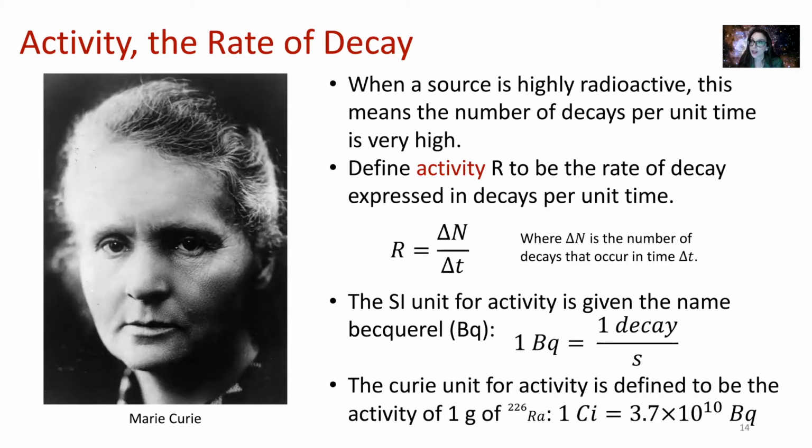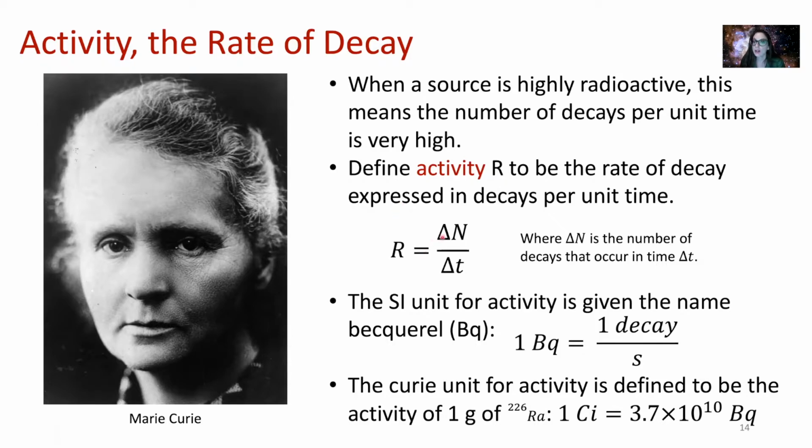When a source is highly radioactive, this means that the number of decays per unit time is very high. So we can define what we call the activity, or capital R, to be the rate of decay in a radioactive process, expressed in decays per unit time.